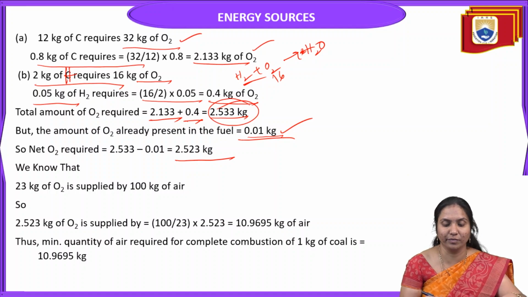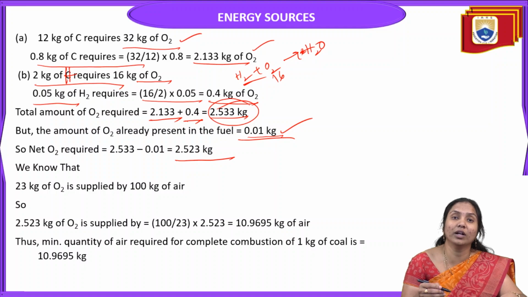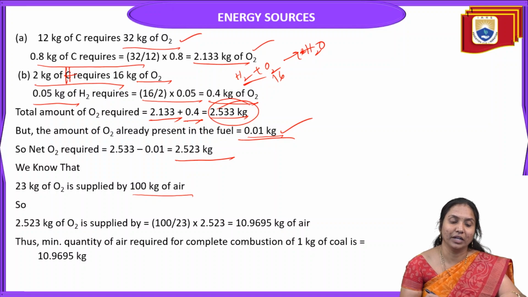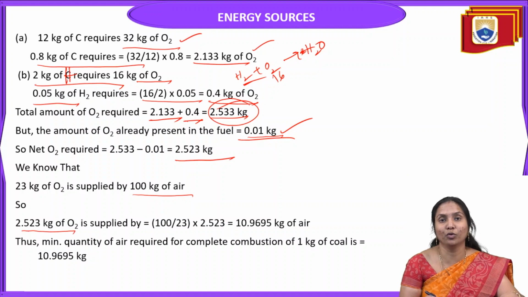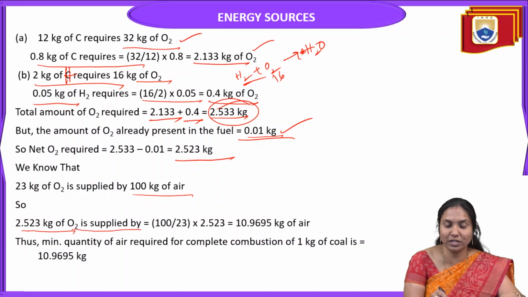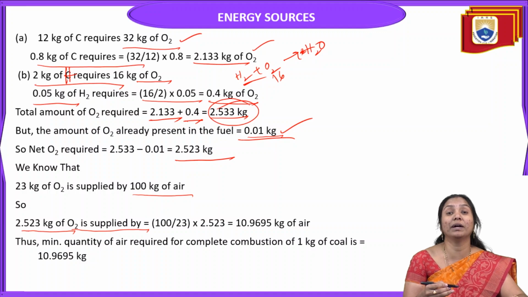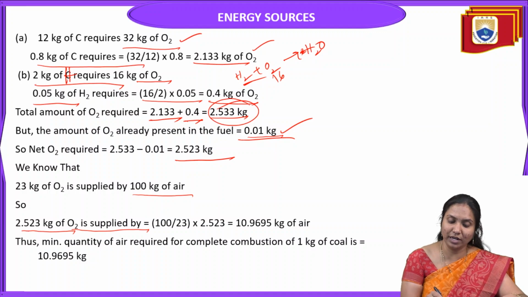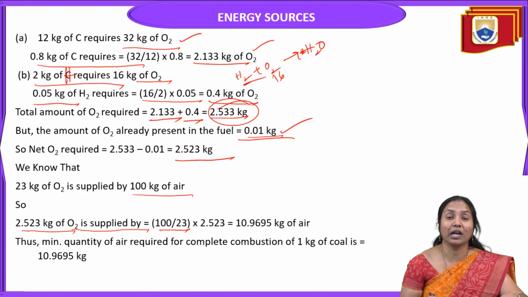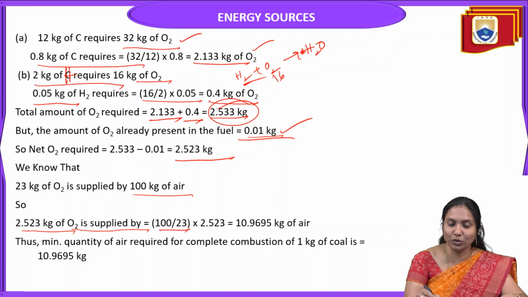We know that 23 kilograms of oxygen is supplied by 100 kilograms of air, since air contains 23% oxygen by weight. So you can write 100 by 23 into 2.523, the total net amount of oxygen.